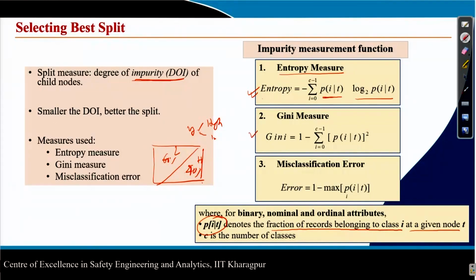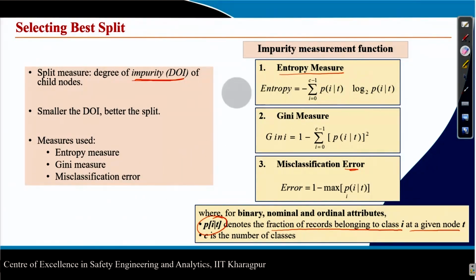You can use other measures, like the Gini measure: one minus the sum over i equal to 0 to c minus 1 of p(i|t) squared. You can also use 1 to c, because there are c classes, where c is the number of classes. Or you can use the misclassification error using its formula. The formulas used for impurity computation are not complex, they are very simple.